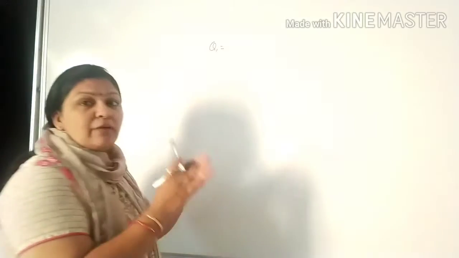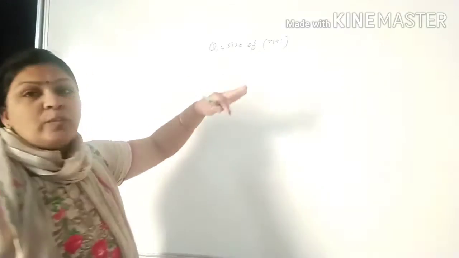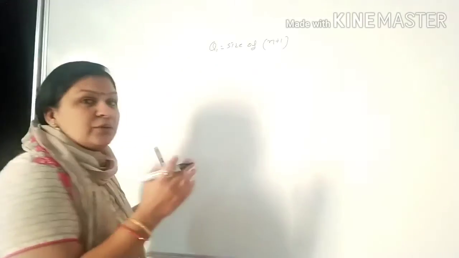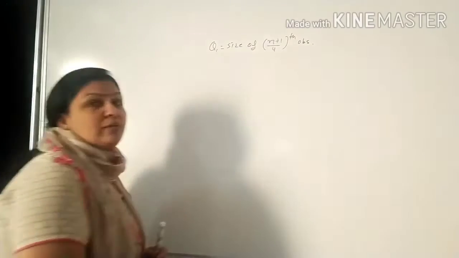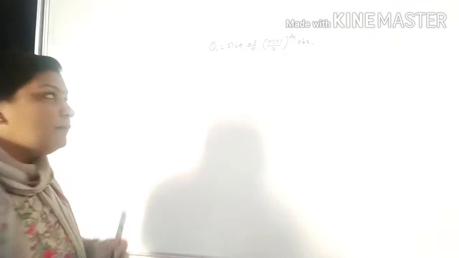But here we need 4 parts of the one line, so it should be the size of n plus 1 by 4th observation. See students here carefully. The same formula we used for median, but it is divided by 4. Why is it divided by 4? This is a quartile, it means 1 by 4.